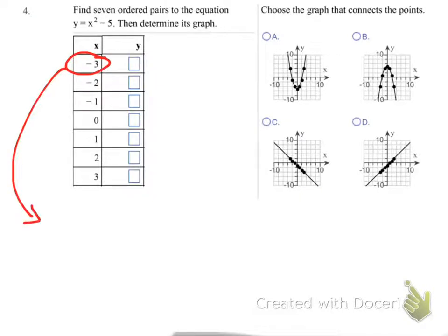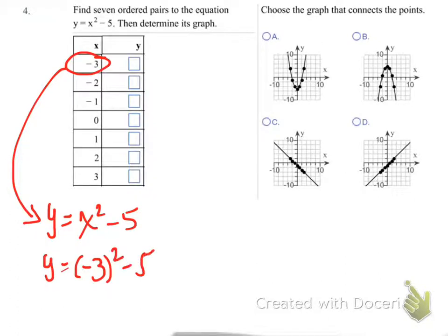So I know y equals x squared minus 5. Well, in this case, x is given to us as -3, so y equals -3 squared minus 5. And remember our PEMDAS, parentheses, exponents, multiply, divide, add, and subtract.